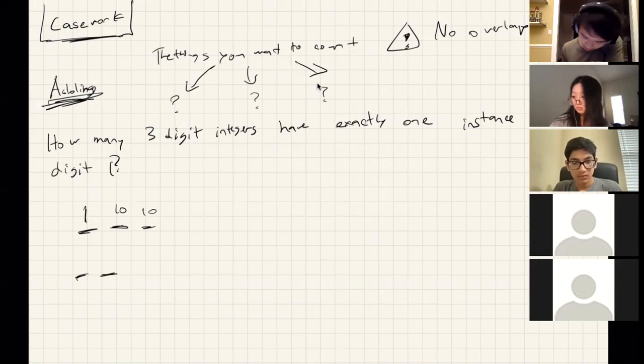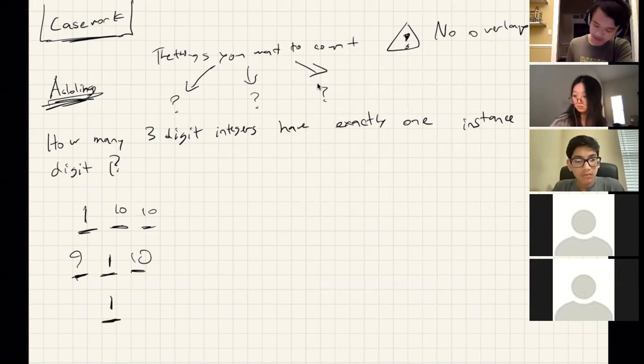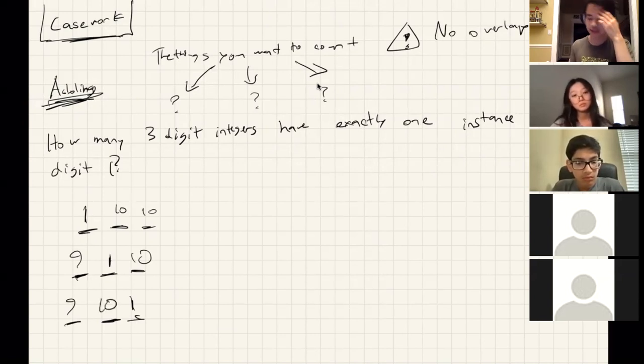If the digit 1 is in the 10th digit, then there's 9 ways to decide the 100th digit and 10 ways to decide the units digit, right? If the digit 1 is in the units place, there's 9 ways to decide the 100th place, and there's 10 ways to decide the tens place, right?